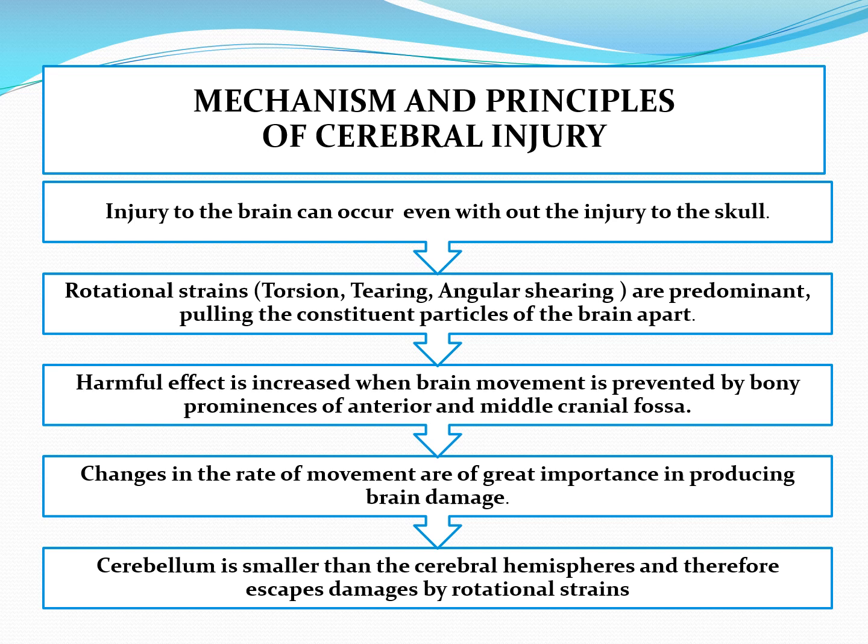Third, the harmful effect is increased when brain movement is prevented by the bony prominences of the anterior and middle cranial fossa. Changes in the rate of movement are of great importance in producing brain damage. The cerebellum is smaller than the cerebral hemisphere and therefore escapes damage by rotational strain.